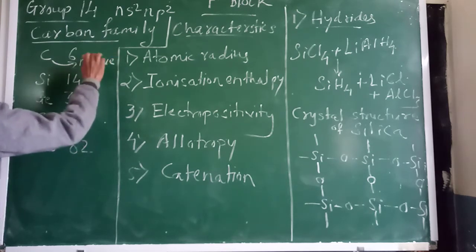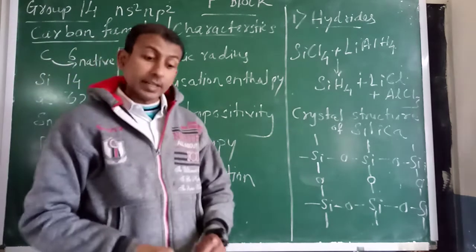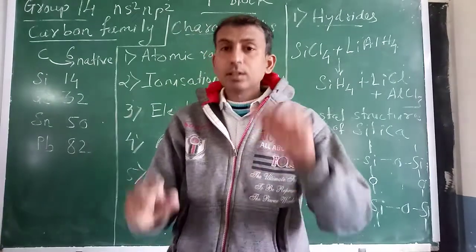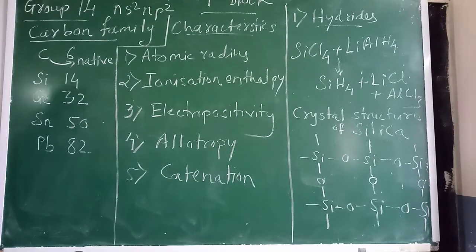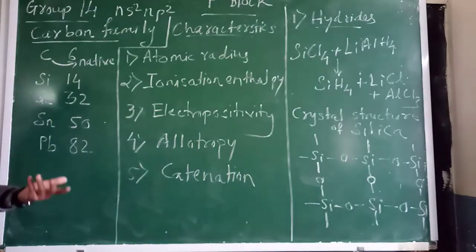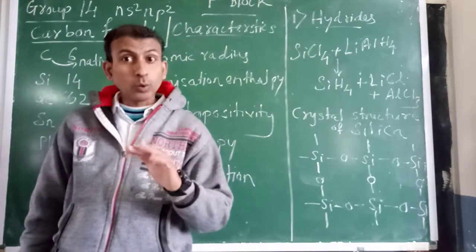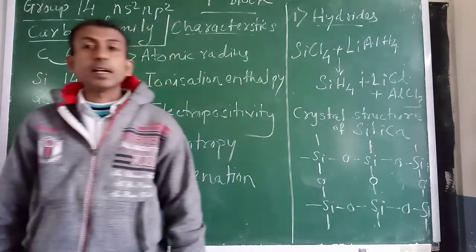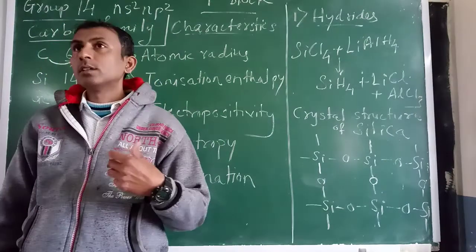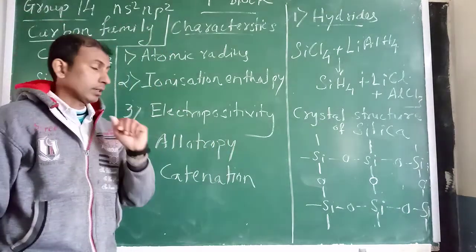So carbon is obtained in the native state, and the remaining elements are mostly obtained in the combined state. Carbon in the free state occurs as coal, then diamond, then graphite.